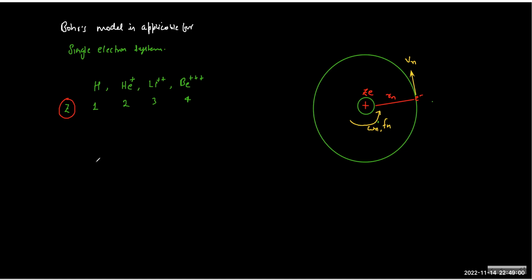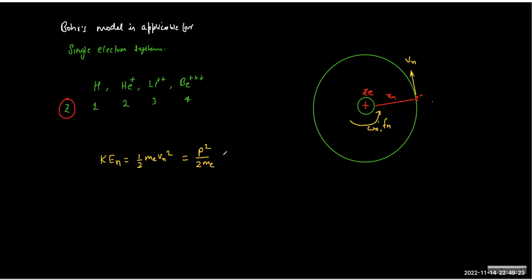So let me show you how you can write things. The kinetic energy of the electron in the nth orbital will be how much? Half m Vn square, correct? But what could be the other way of writing? P square by 2m, where P is the momentum, isn't it?